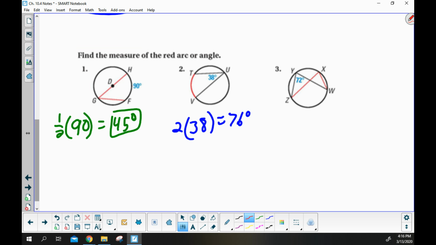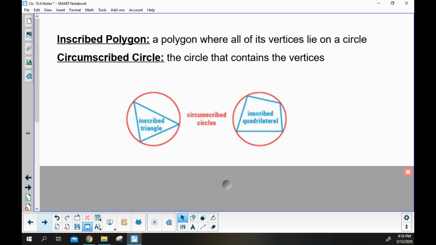Well, you notice these are two angles intercepting the same arc, which is ZW, so they must be congruent, by the theorem we had just above. So we know it's just 72 degrees. Now, if you wanted to, you can go, okay, 72, double it, that's 144, then take half that, go back to 72. But the theorem helps us to skip that part. We can just go straight to, they're congruent, they're equal.